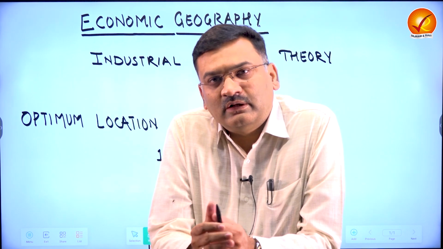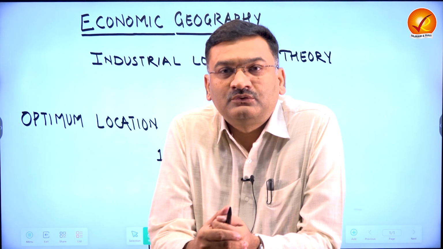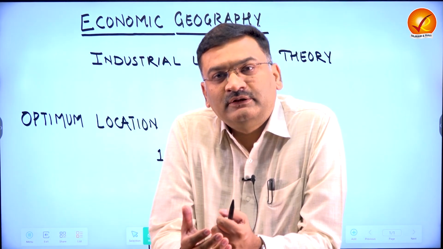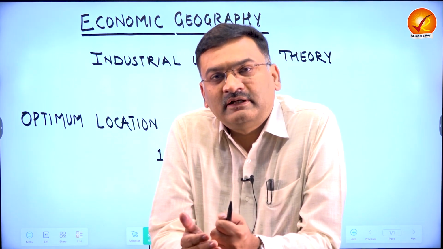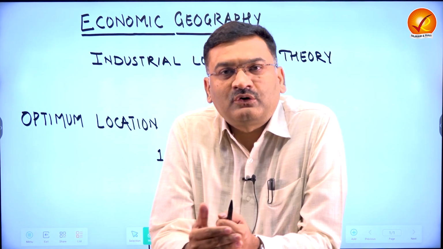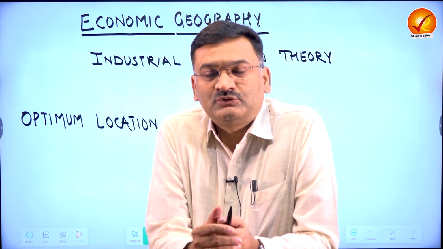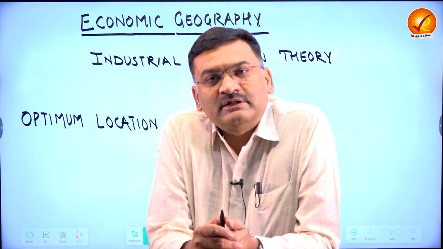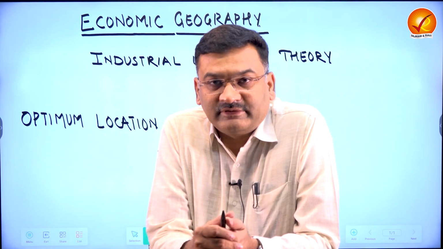Industrial units are set up to fulfill human needs, and they utilize raw material and convert it by processing into commodities. So we are talking here about manufacturing units. Industrial location theory in your syllabus is about manufacturing, the secondary economic activity.